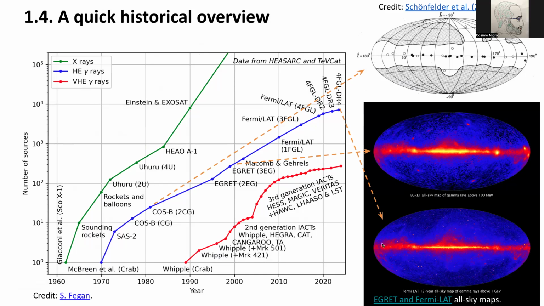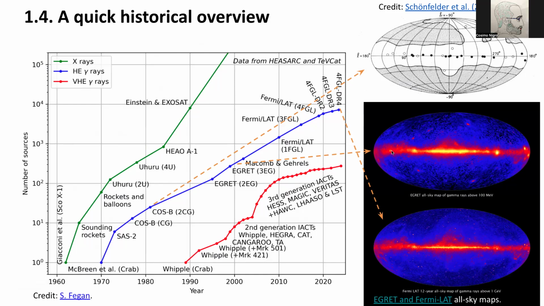What I would like to highlight is the evolution of how we see the gamma ray sky. We go from the sky map of COS-B, in which we see just as dots the few sources that were detected, and in white you see the area that was scanned by the satellite. Then in the bottom plot, we see the old sky map of EGRET above 100 MeV.